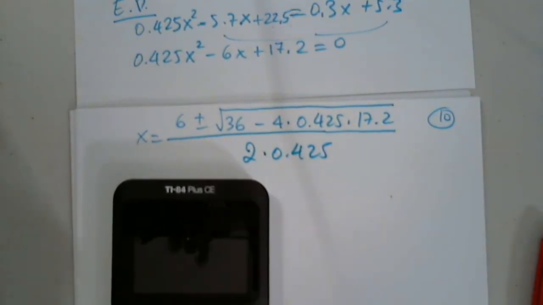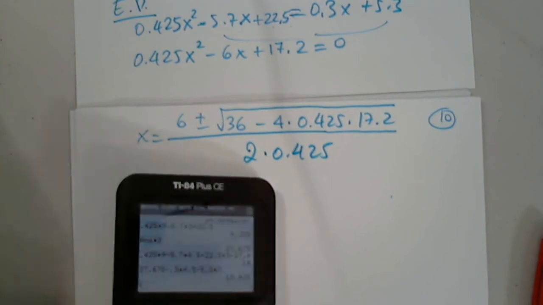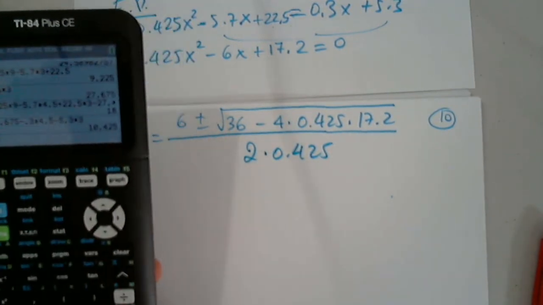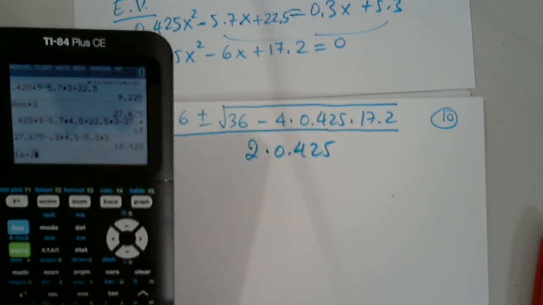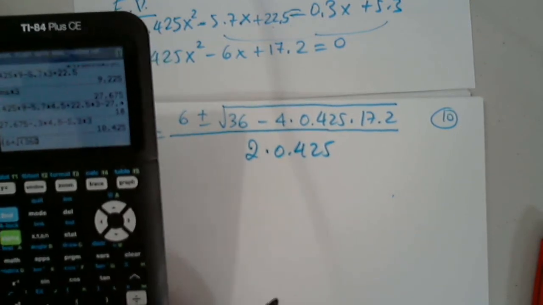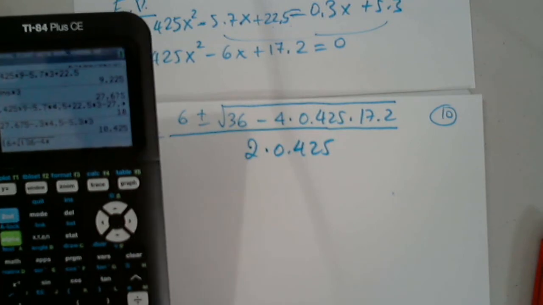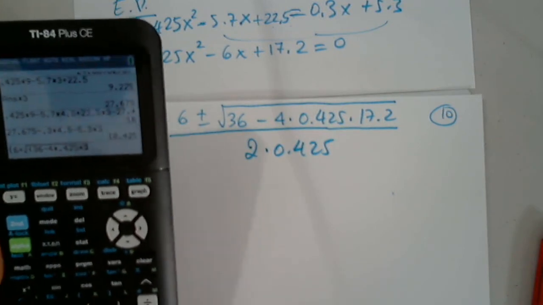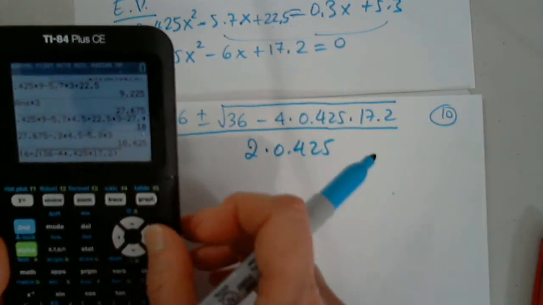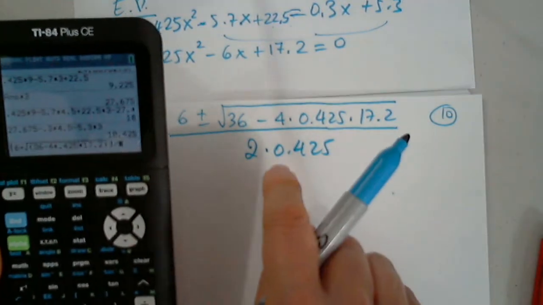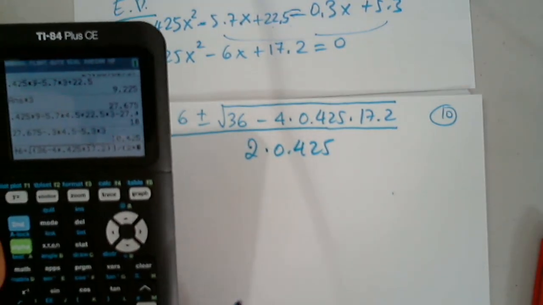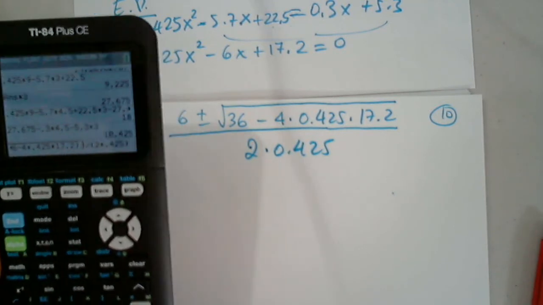Very good. So here's how I put it in directly: left parenthesis, 6 plus the square root, parentheses, 36 minus 4 times 0.425 times 17.2, close the parenthesis, close the outside parenthesis, and divide by, in parentheses again, 2 multiplied by 0.425.